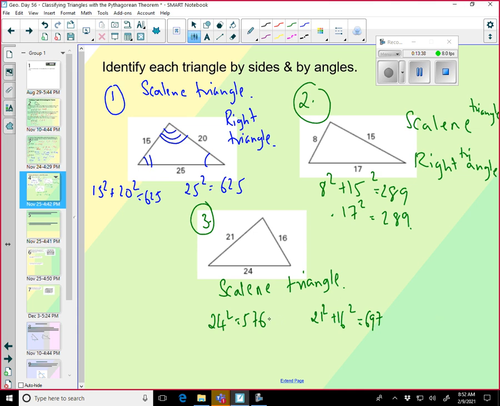So I can say that 576 is less than 697. So therefore I have c squared is less than a squared plus b squared. So it's acute. So it's an acute triangle.